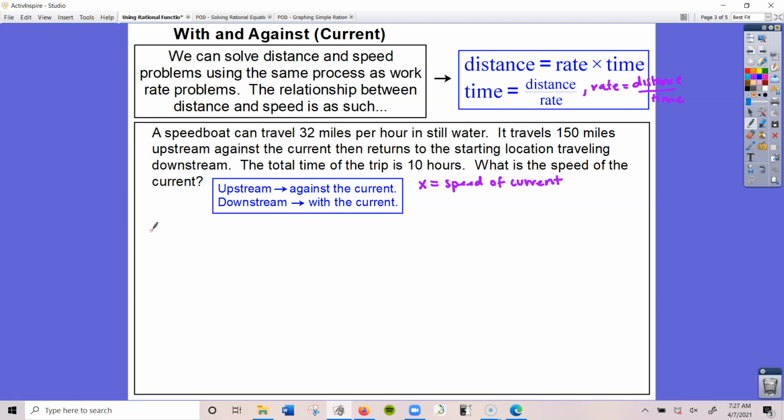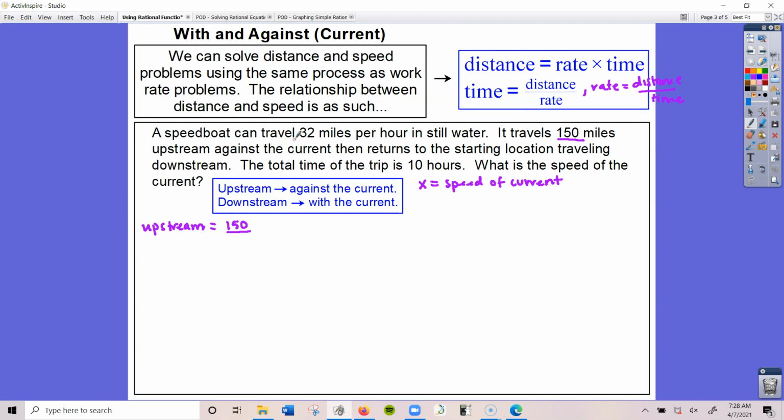Now, let's write an expression for the speedboat going upstream and then an expression for the boat going downstream. If the boat is going upstream, the time that it takes is the distance. So it says 150 miles upstream. So that's the distance over the rate.